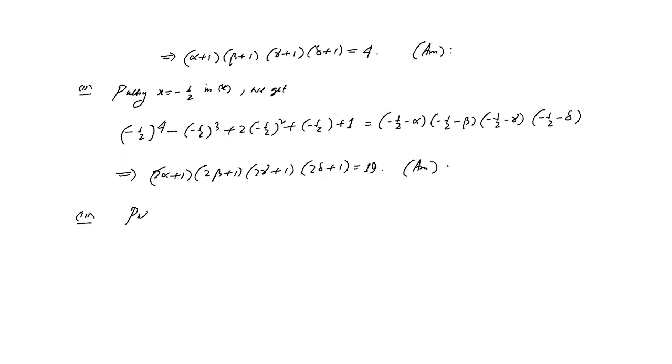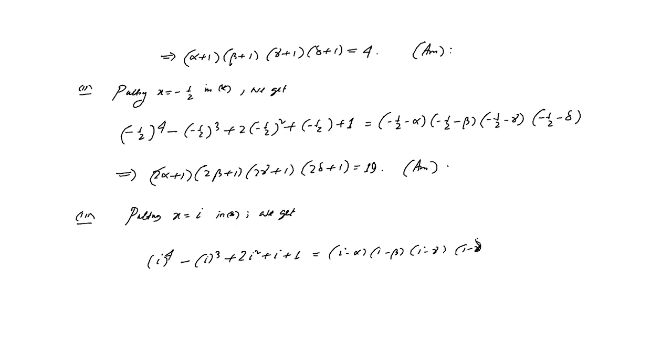So now putting x equals to i in star on both sides, what will we get? We will get i to the power 4 minus i cube plus 2i square plus i plus 1. So this is equals to i minus alpha, i minus beta, i minus gamma, i minus delta.